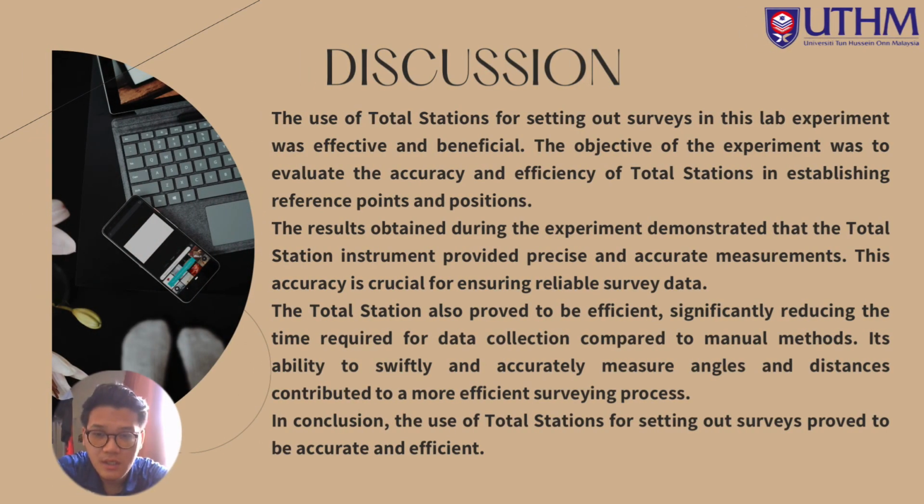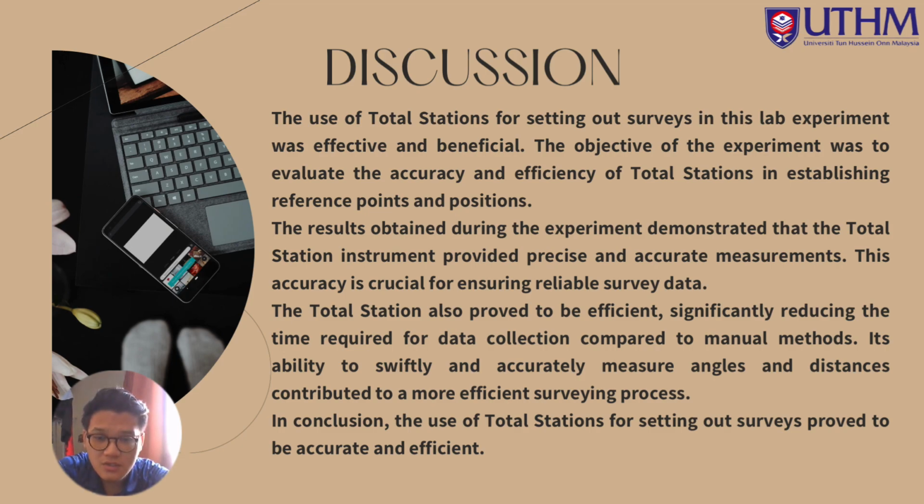For discussion, the use of total station for setting out surveys in this lab experiment was effective and beneficial. The objective of the experiment was to evaluate the accuracy and efficiency of the total station in establishing reference points and positions. The results obtained during the experiment demonstrated that the total station instrument provided precise and accurate measurements.